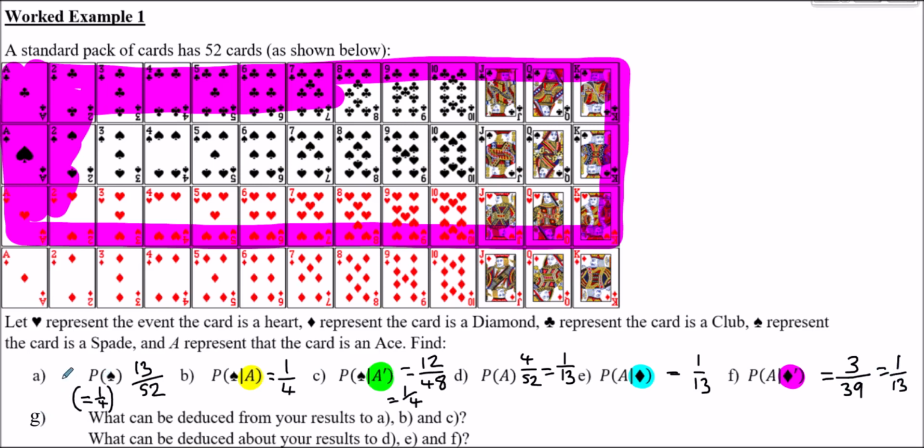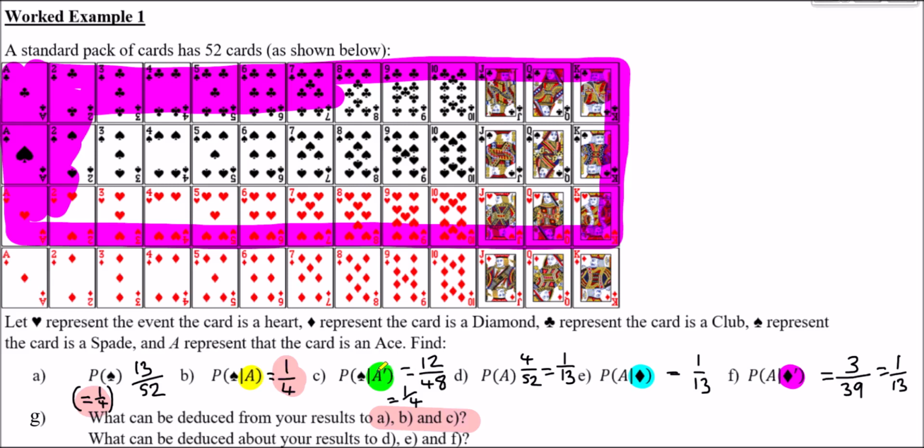For part G, let's just consider our results for A to C and D to F. What can be deduced from your results to A, B and C? Well, if you just have a look here at the answers to A, B and C, the chance of picking a spade is 1/4. Chance of picking a spade if I'm telling you it's an ace, that's still 1/4.